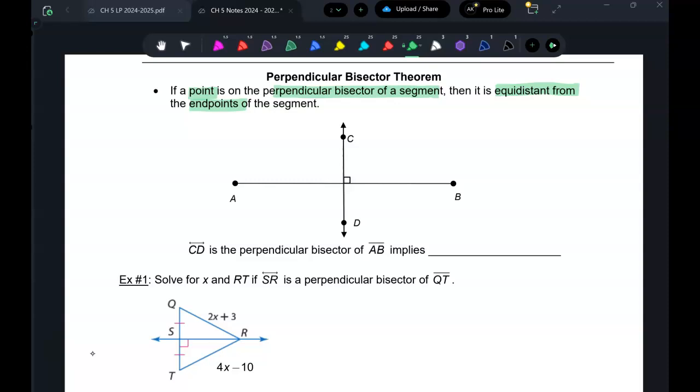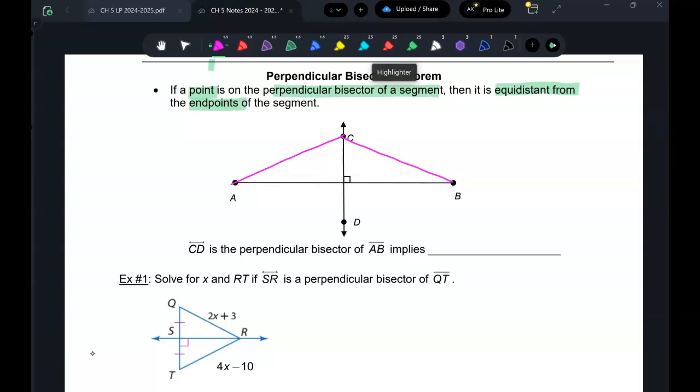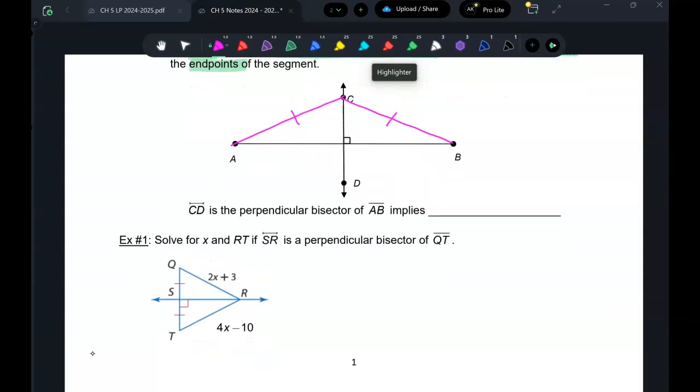So if we take our ruler and we draw a segment from C to B, or from C to A, if we connect the segments to the endpoints, they have to be congruent to each other. Basically, what this ends up making is an isosceles triangle. So if CD is the perpendicular bisector, then AC is congruent to BC.